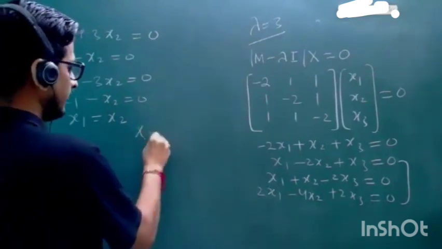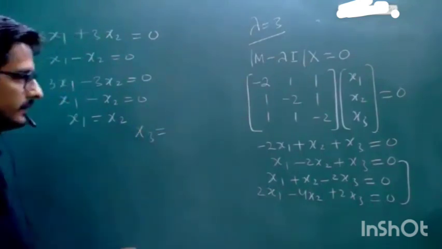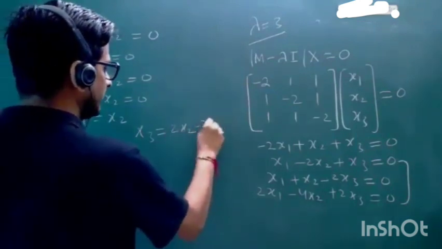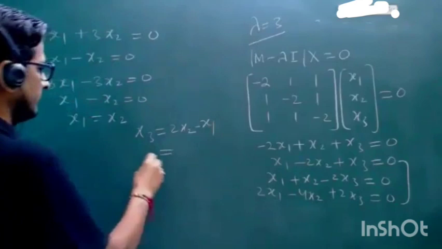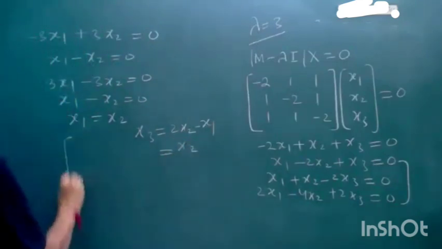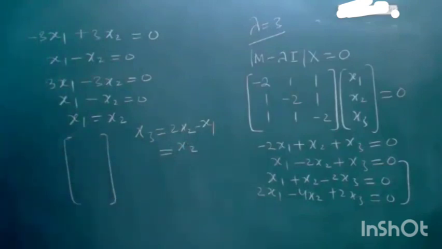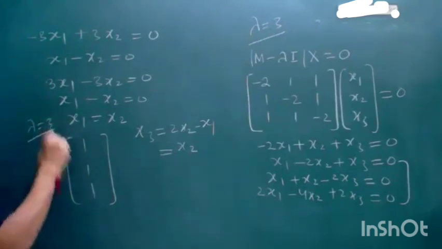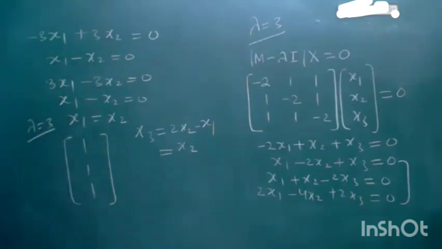So x3 is 2x2 minus x1, so that is equal to x2. So now if I want to write it, it will become 1, 1, 1. Yes? For lambda is equal to 3. This will become the eigenvector corresponding to lambda is equal to 3.